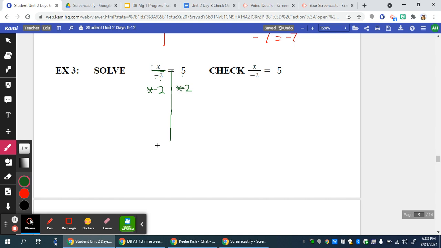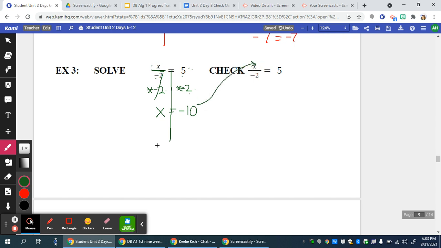Don't forget your negatives. When we're dividing by negative 2 and then we multiply by negative 2, they cancel out. So I'm left with x is equal to 5 times negative 2. A positive and a negative make a negative when you're multiplying or dividing. 5 times 2 is 10. Negative 10 is our answer.